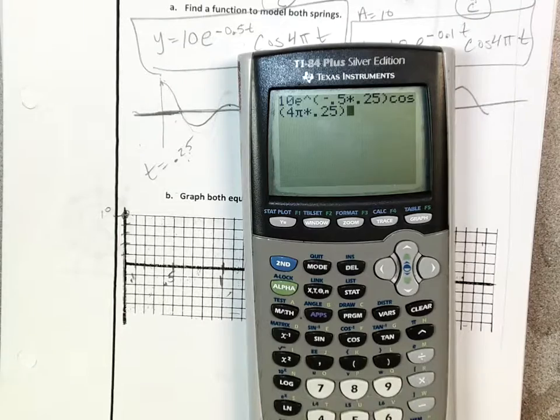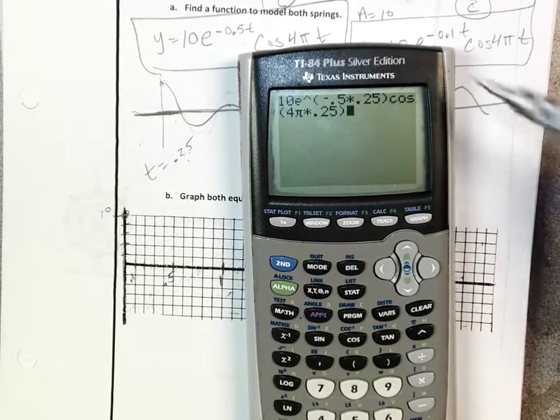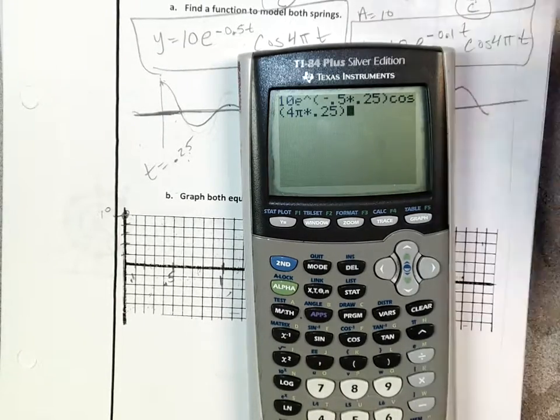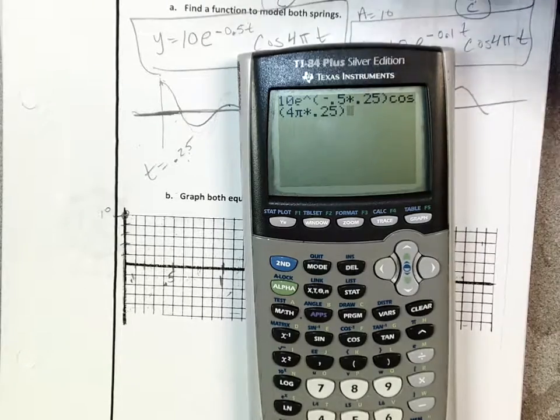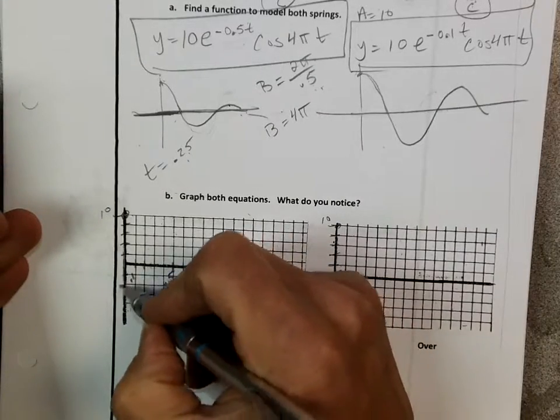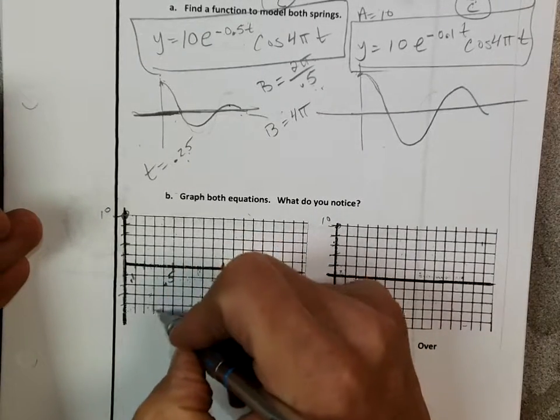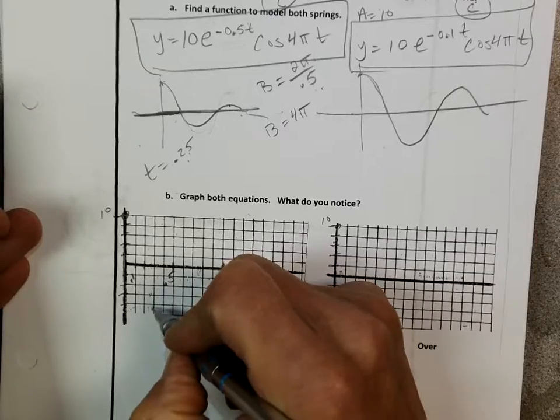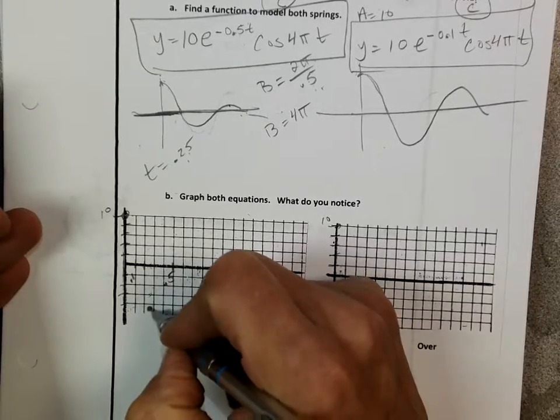So I've got 0.25 in for my time up here with e and also with the cosine. Hit enter, okay? So it's about a negative 8.8. That makes sense to me, right? 2, 4, 6, 8, 8.8. So it's going to be down about there, okay? And put it up there.